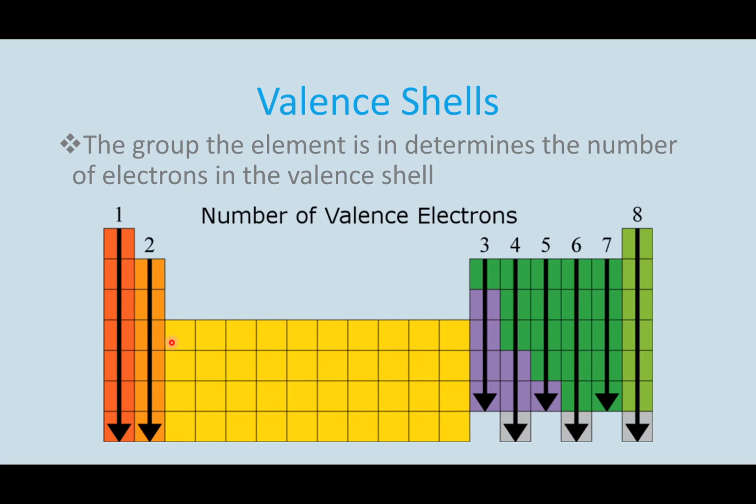So we tend to skip over these and go right to the 13th column. So 13, or you could think of it as 3, there's going to be 3 electrons, then 14, 4, 5, 6, 7, and 8.